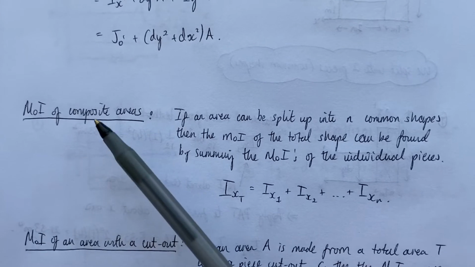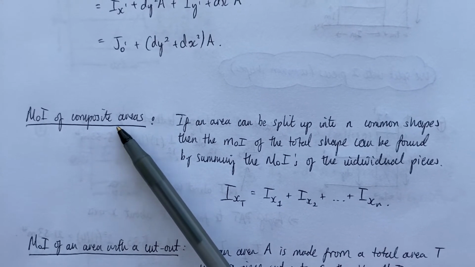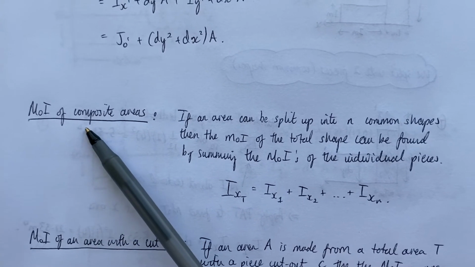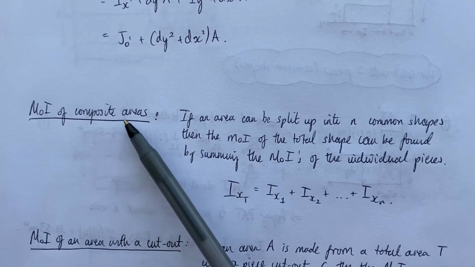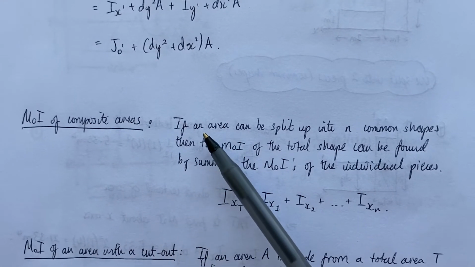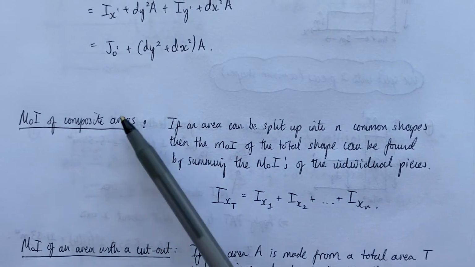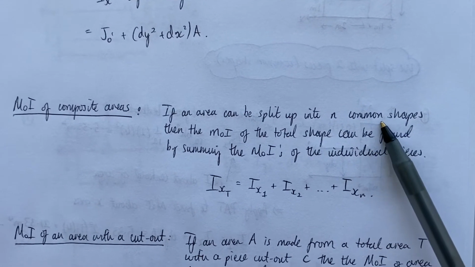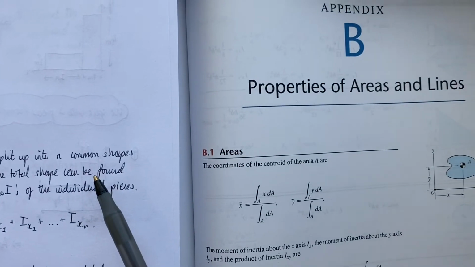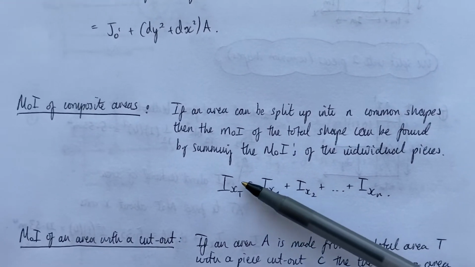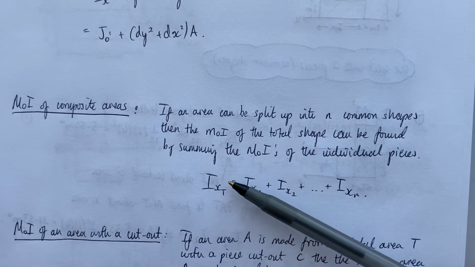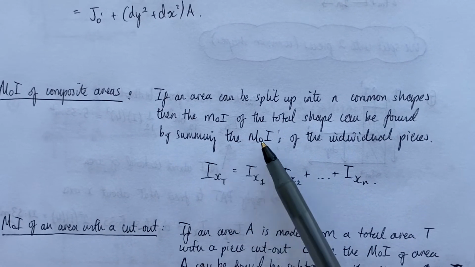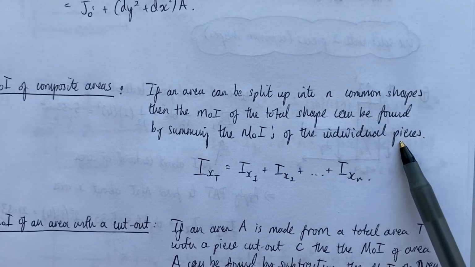But basically, if we have an area that we'd like to find the moments of inertia of, composed of some common shapes, like basically glued together, we can split the total area up into things that we know some information about, common shapes, right, that we can find some details on in the appendix, and we can find the total moment of inertia of the whole area by summing the moments of inertia of the individual pieces, right?